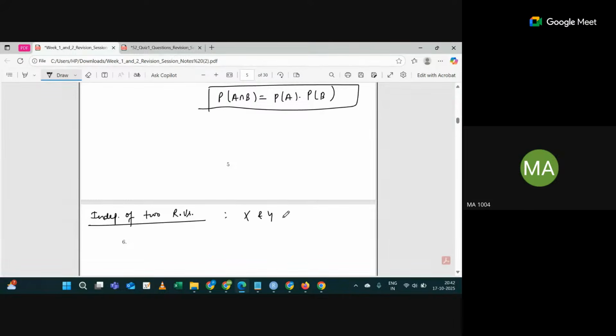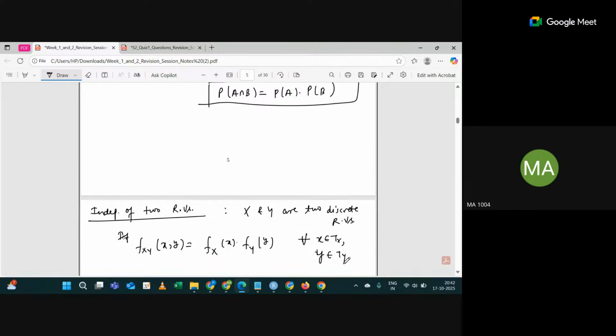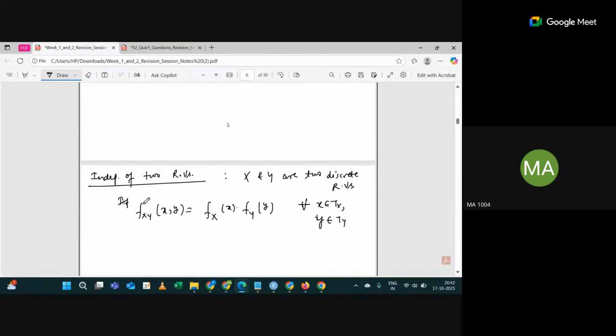Suppose X and Y are two discrete random variables. If f_XY(x, y) is equal to f_X(x) into f_Y(y) for all x belonging to the range of X and y belonging to the range of Y, then can I say X and Y are independent, yes or no?